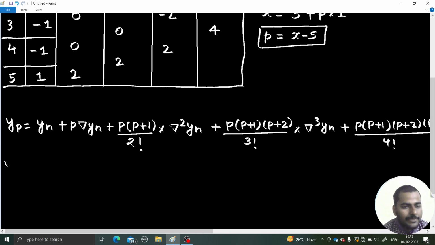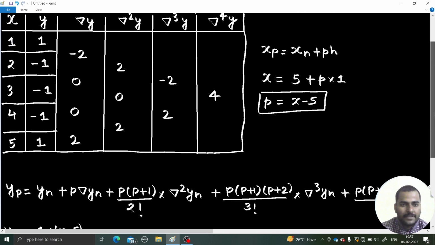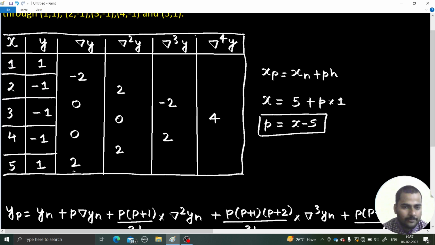So yp is yn, which is 1, plus p times, that means x minus 5 times first difference. This is the first difference. First, second and third difference is 2, and the fourth difference is 4.